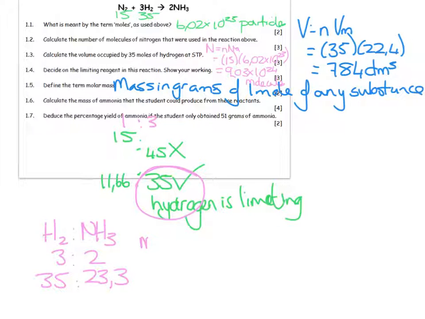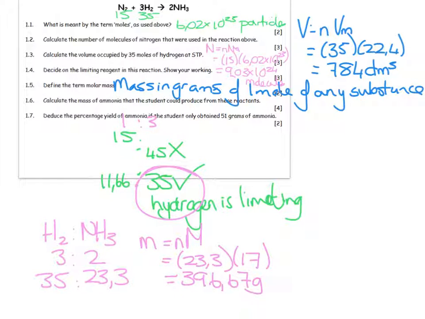Now I can calculate mass is equal to number of moles times molar mass: 23,3 times the molar mass of ammonia, which is 14 plus 3, which is 17, and I land up with 396,67 grams.